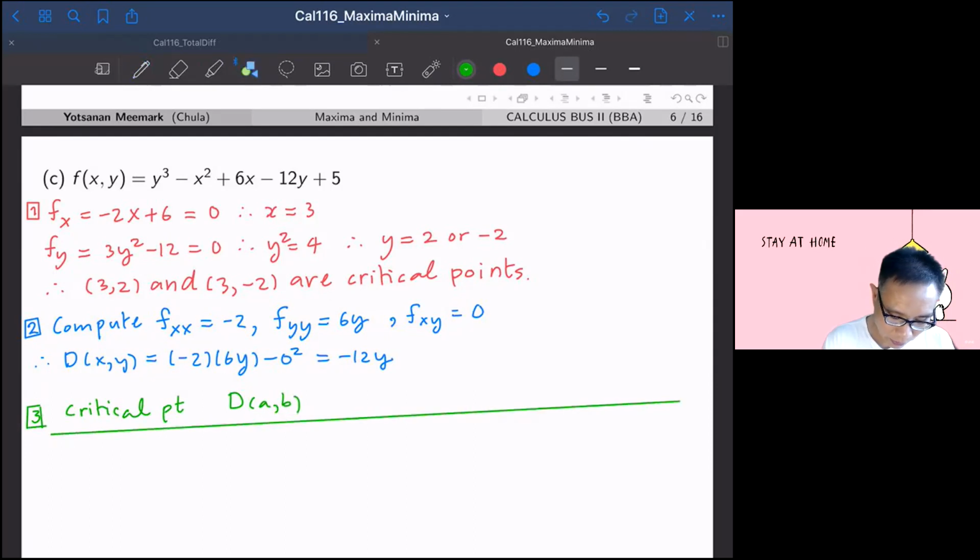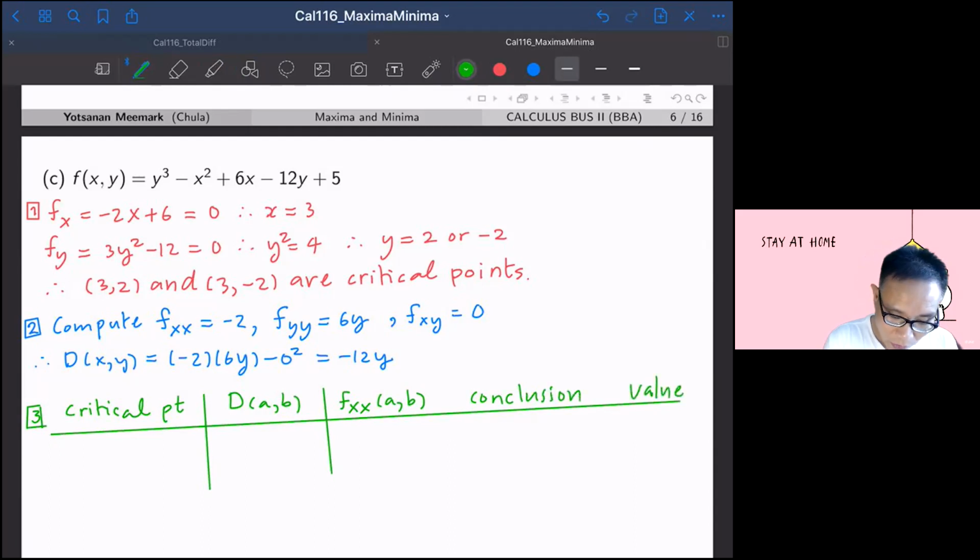So you have this table, and we're going to have D at a, b, and fxx at a, b, and the conclusion, and the value.